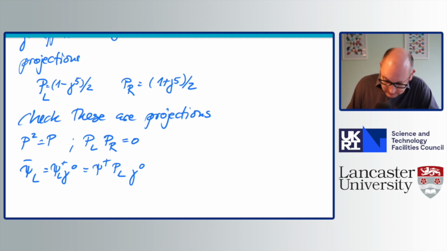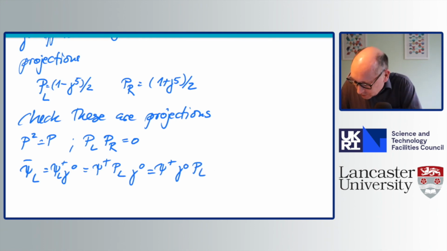So that here is equal to psi Hermitian conjugate gamma naught PL goes through, and when gamma naught goes through gamma 5, you change sign. The gamma 5 term changes sign because gamma naught is commuted through, so the PL becomes a PR. So that here is equal to psi bar PR.